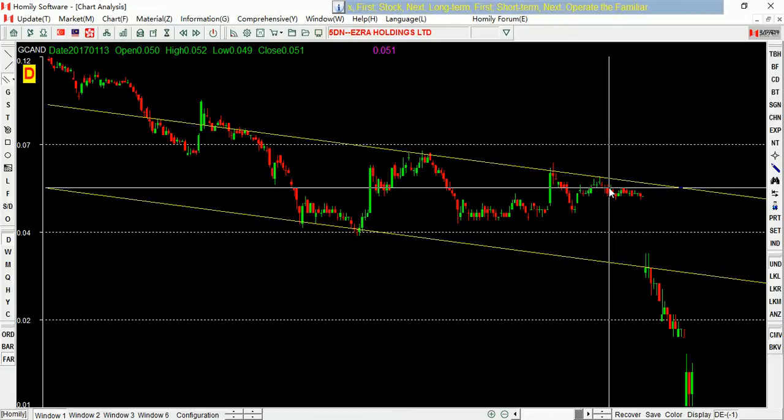Sell point. Then here, buy point or sell point? Here is the buy point. Then here, buy or sell? Here is the buy point, because this is downtrend line, or go down, then go up again. Here is the support. Here is another buy point.